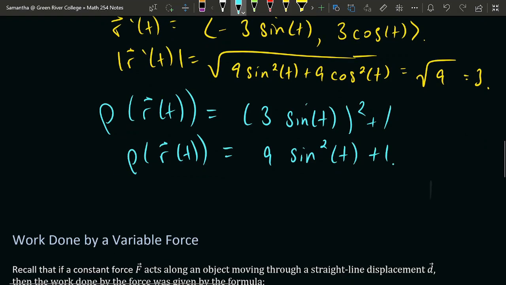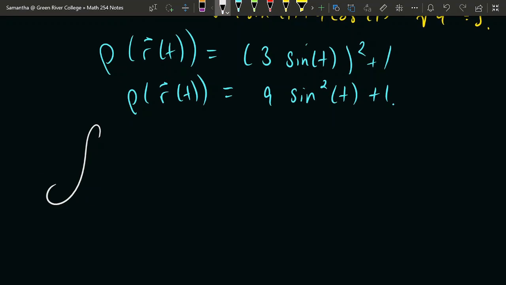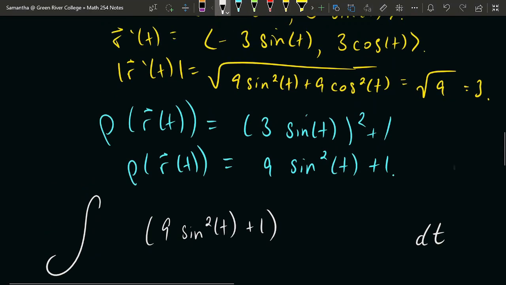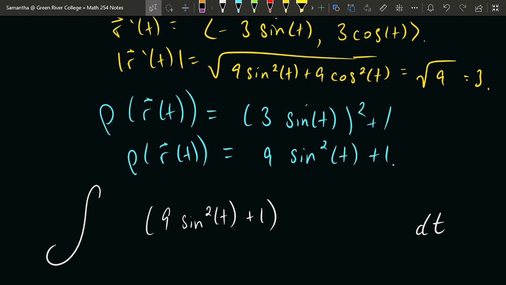So let's put it all together. Let's transform this line integral into a single integral with respect to the variable t. The quantity that we're integrating has transformed into 9 sine squared plus 1. The length, the r prime magnitude, has become the number 3.